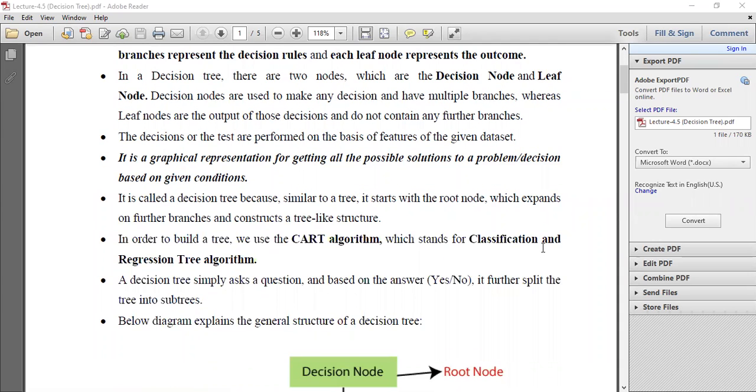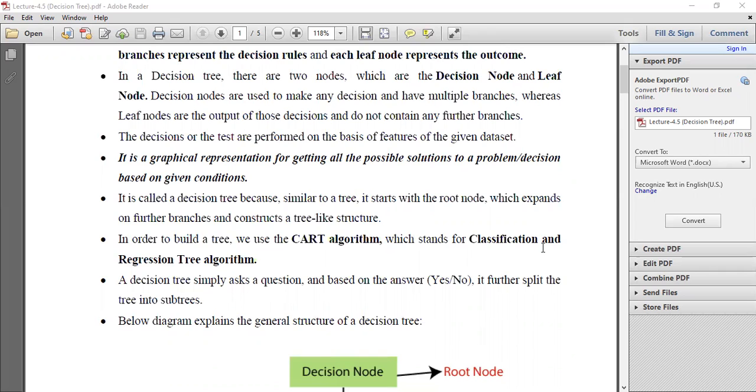It is called a decision tree because, similar to a tree, it starts with the root node, which expands on further branches and constructs a tree-like structure. In order to build a tree, we use the CART algorithm, which stands for classification and regression tree algorithm.